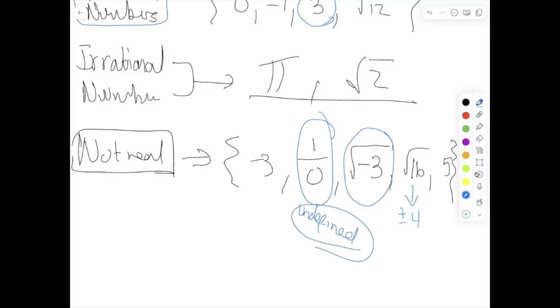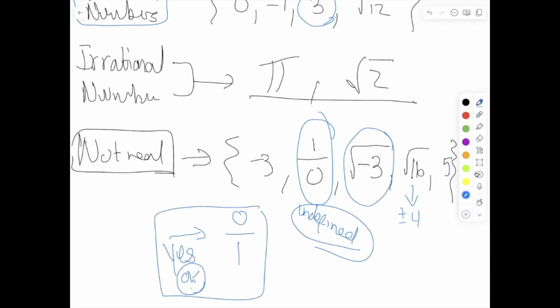If you see a fraction with a 0 in the denominator, it doesn't exist. If you see something like this, does this exist? Yes, this is okay.